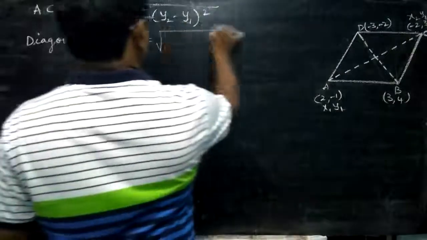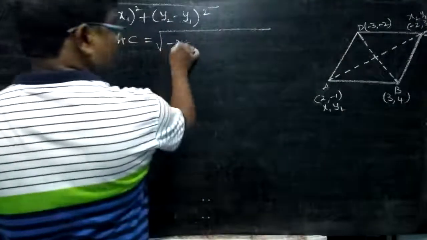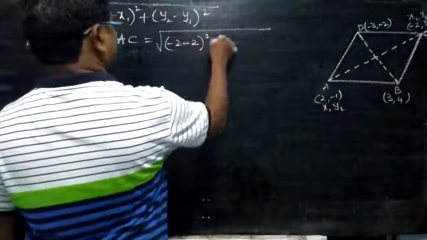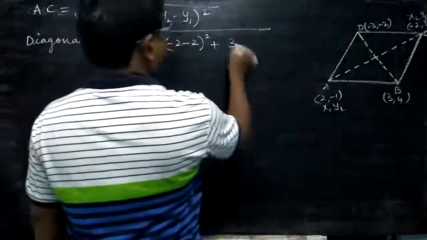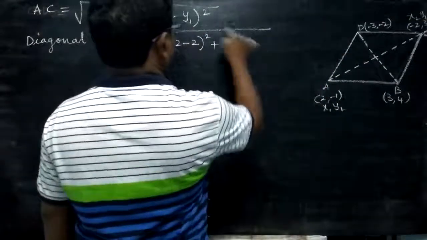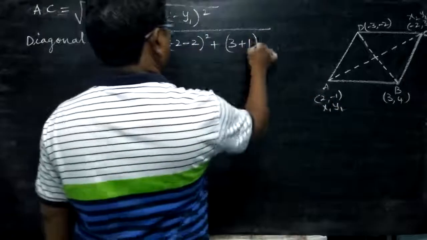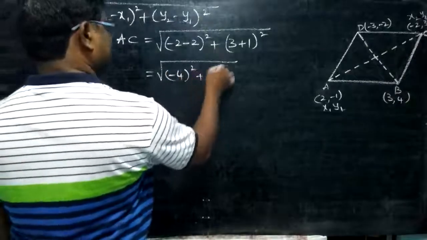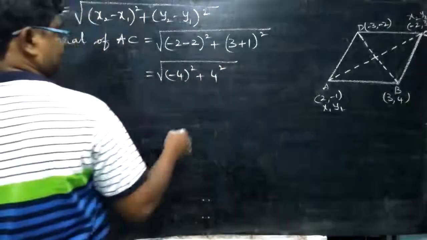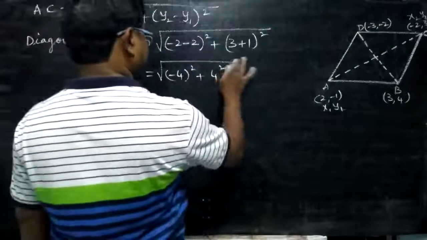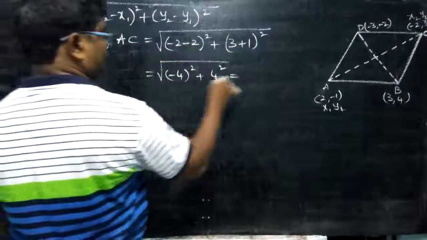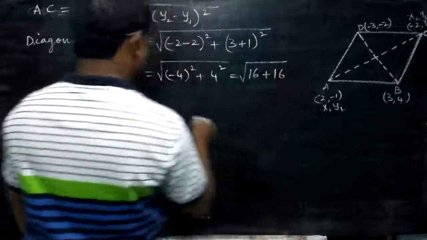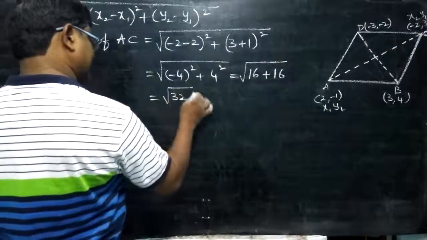Diagonal we are finding. Now minus 2, because here minus 2, whole square plus 3 plus 1, because minus into minus plus, whole square, that is equal to square root of (-4) whole square plus (3 plus 1 is 4), that is equal to minus into minus plus, 4 4s are 16 plus 4 4s are 16, that is equal to root 32 units.